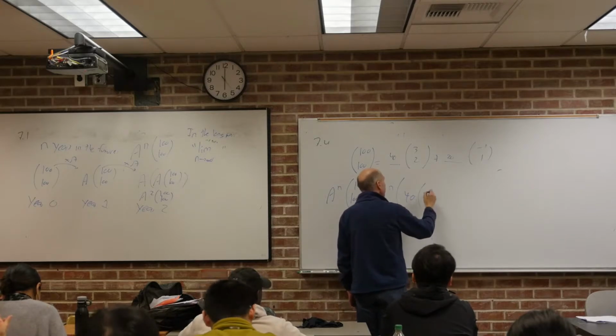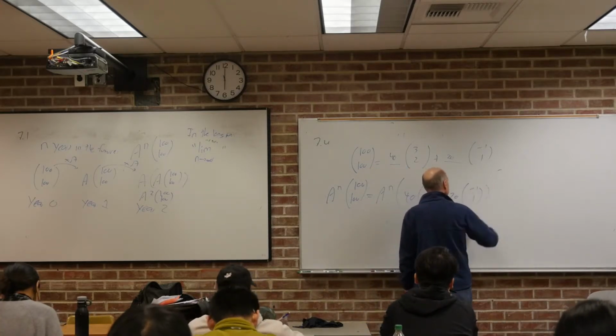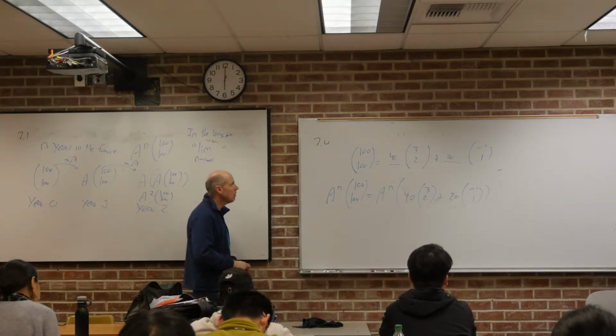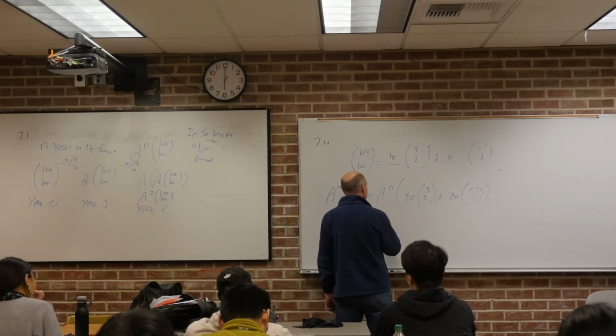We go 100 years in the future, or n years in the future. So I'm going to multiply that 100, 100 by A to the n. Change this so it looks a little bit nicer.